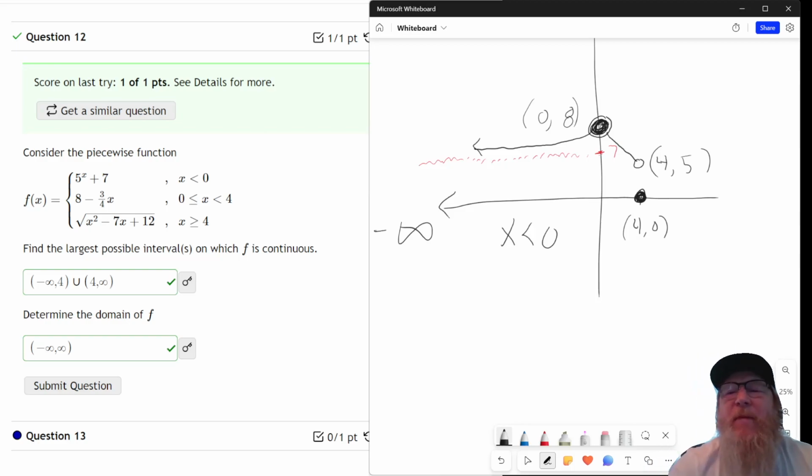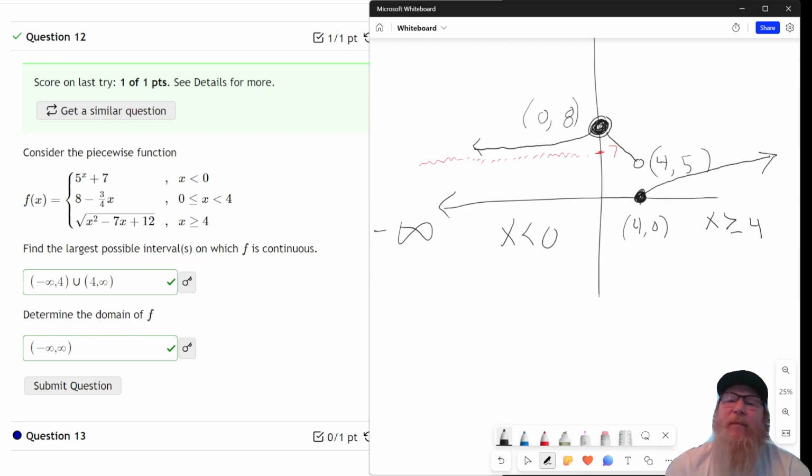And this is what I meant when I said on the left side, you get a 5 for the limit. So it's 4, 5. That's a hole. On the right side, you get 4, 0, which is a dot. And then this graph kind of looks like this. So this is for x greater than or equal to 4. So that's what the graph of number 12 looks like.